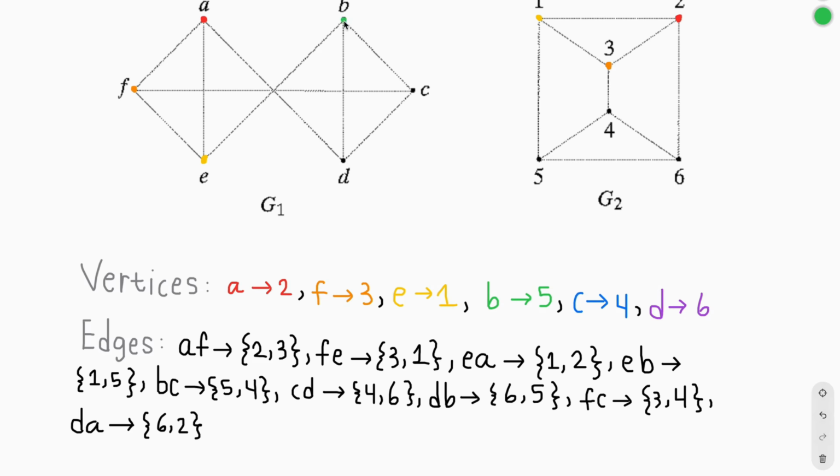So I have B, that's one of my endpoints. Let's just say B would have to be 5, because this is where you have to be a little more careful. In G1 yellow goes to green, so in G2 you also have to have a yellow vertex connected to a green vertex.